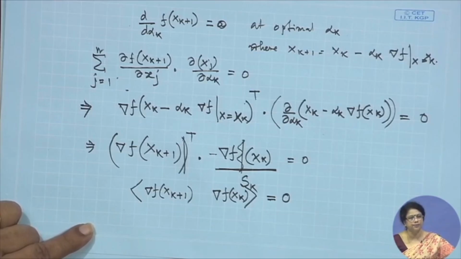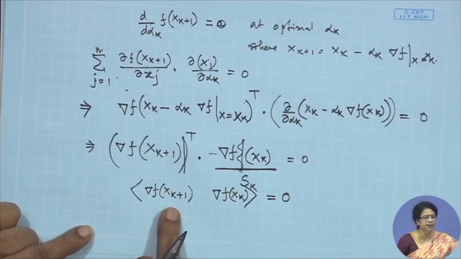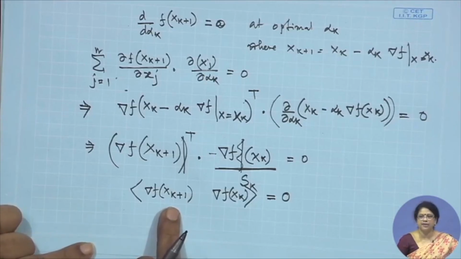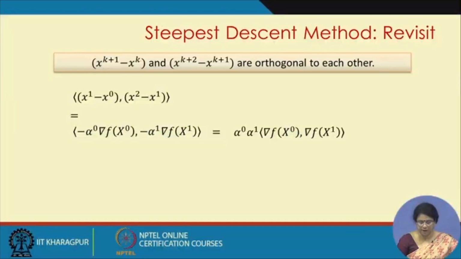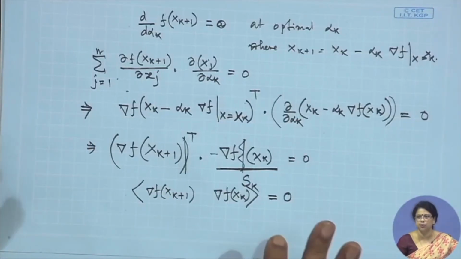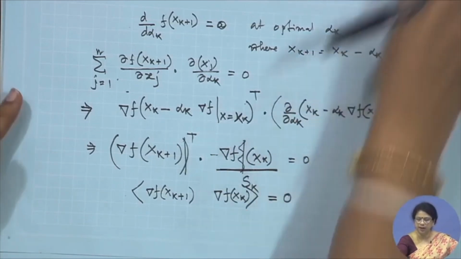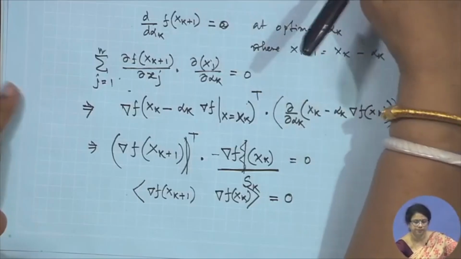Clear? Just put k equal to 0, then we get the inner product of grad of f x 0 and grad of f x 1 equal to 0. I do not think I need to repeat this once more.